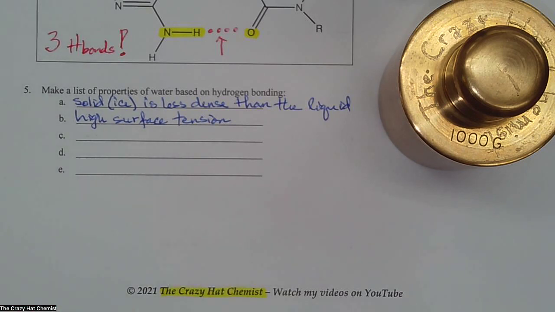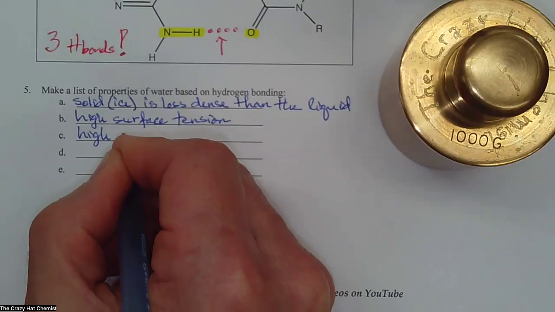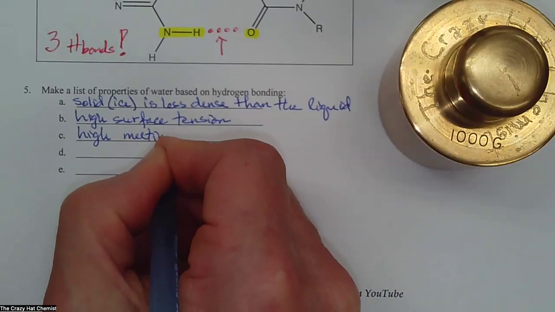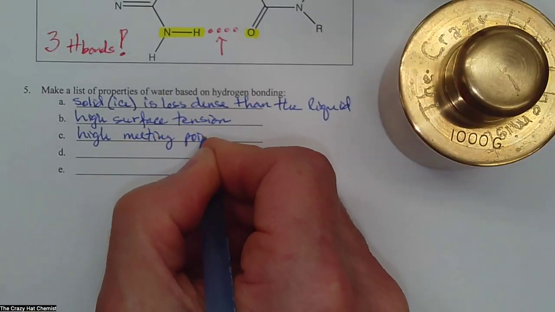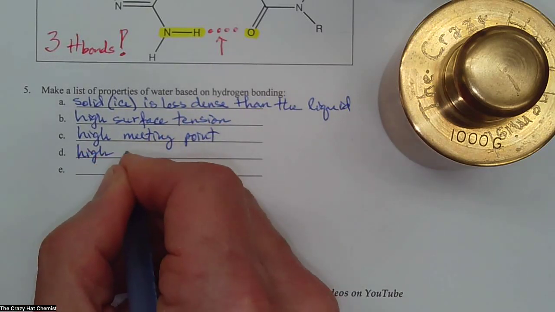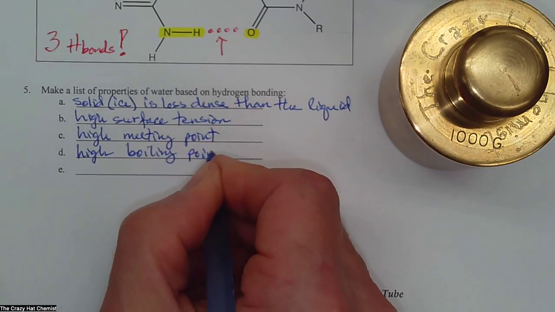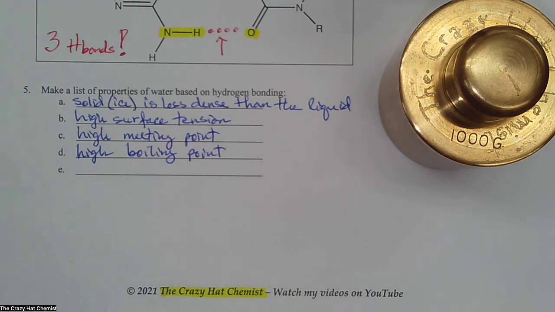Another property based on water and hydrogen bonding is that there is a high melting point. And this also goes with a high boiling point. Now, water has a high melting point, but it also has a high boiling point.